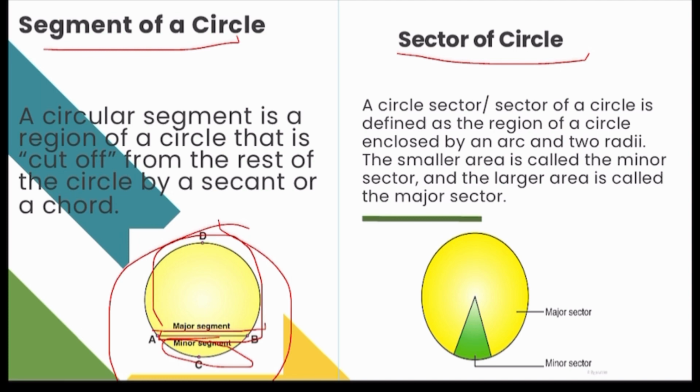Same for the sector. A sector of a circle is defined as the region of a circle enclosed by an arc and two radii. The smaller area is called the minor sector and the larger area is called the major sector. This is the minor. This is the major.